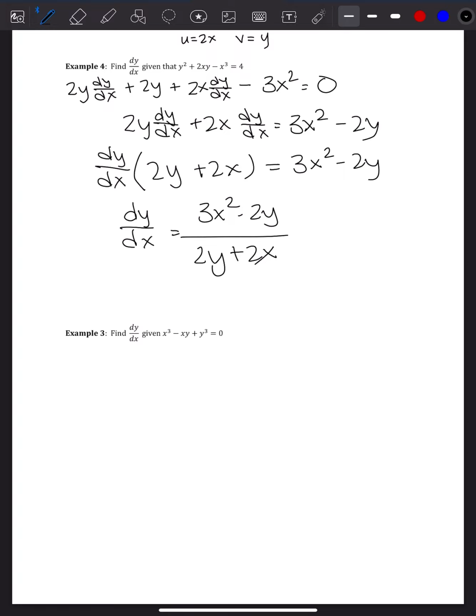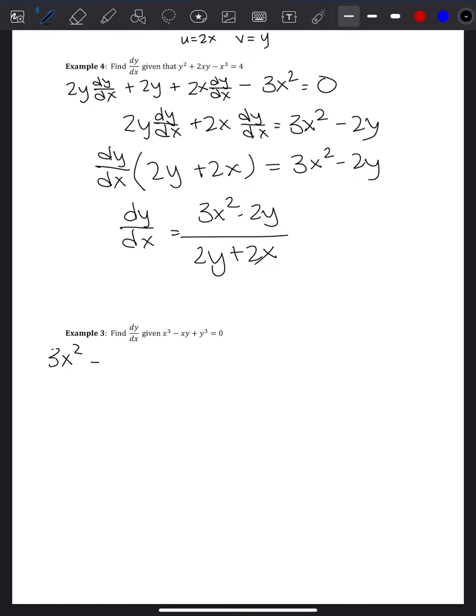Our last one here, we have the derivative of x cubed minus xy plus y cubed. So something kind of similar. We have 3x squared, the derivative of xy. I'm going to keep the subtraction with x to make sure I don't miss any signs.